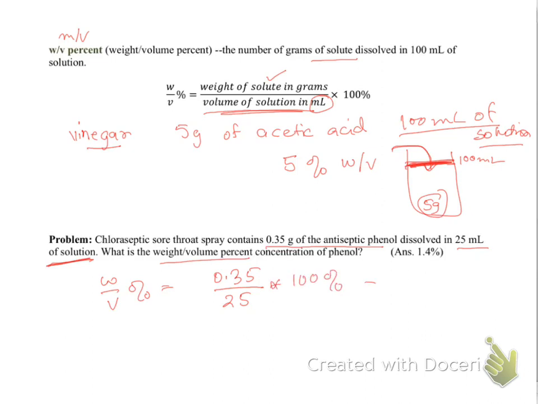So 0.35 times 100 divided by 25 will be 1.4% weight by volume. What does that mean, 1.4% weight by volume? It means to make this sore throat spray, you can take 1.4 grams of the phenol and dissolve it in 100 milliliter of water.